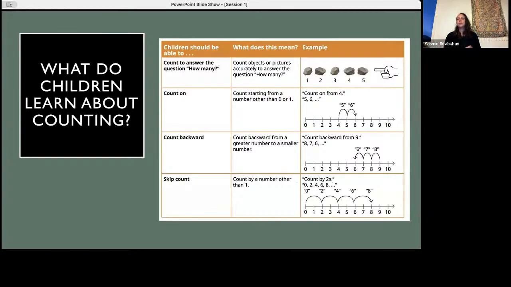So you see children are coming to school with this wealth of experience. So what we should really be doing as teachers in the classroom is building off of it. It's important to remember when you're starting to teach counting, most of the students in the class probably know how to count. You're fine-tuning it, right? You're helping them be more accurate and know the cardinality and some of those things.